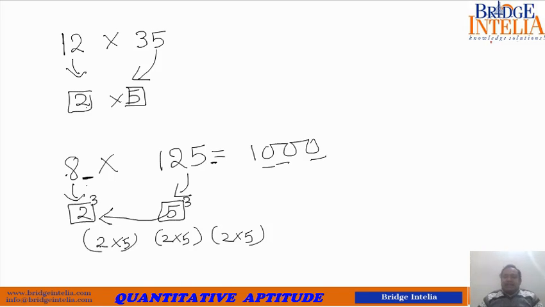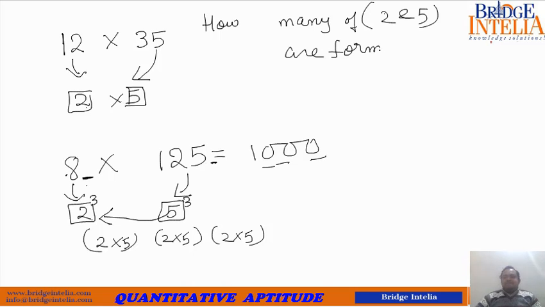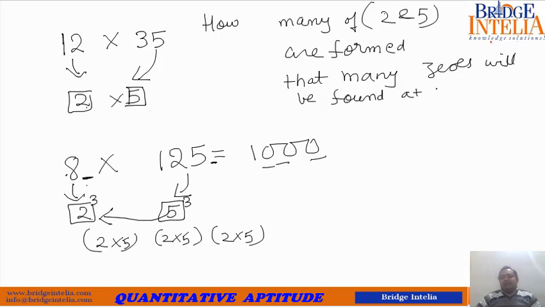So you have to see how many pairs of 2 and 5 are formed. That many zeros will be found at the end of the product.